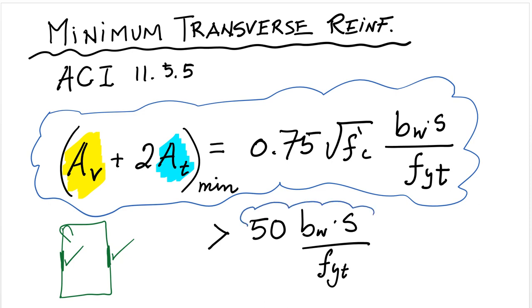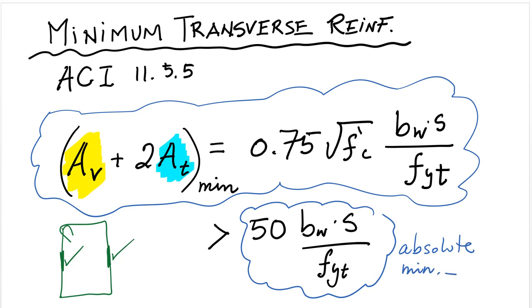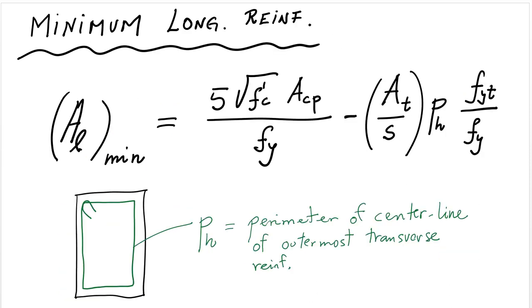And that's that formula right here. So we have 2 requirements. Whichever one governs is the one that you should use. So this is the absolute minimum. So these are requirements for transverse reinforcement.